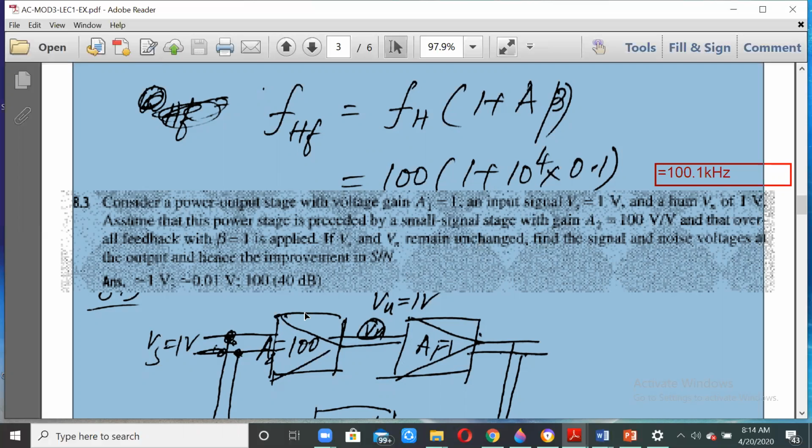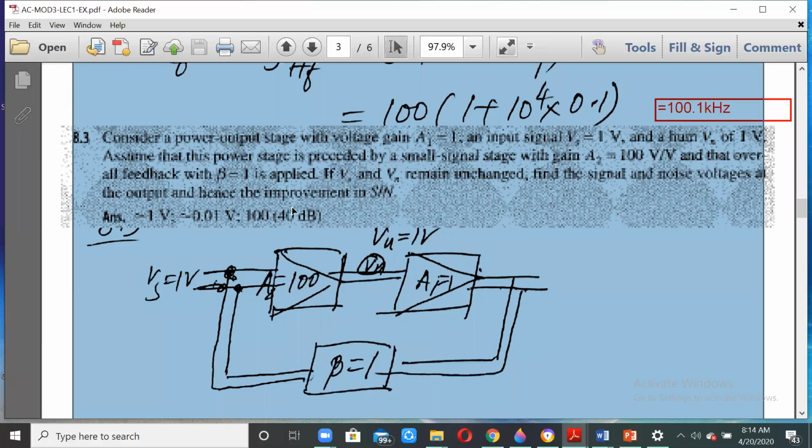You have a small signal amplifier, and this is the power amplifier which is having gain equal to 1, and this is the small signal amplifier which is having gain equal to 100. This is A2 and this is A1, and the overall feedback factor beta equal to 1 is applied. If the Vs and Vn remain unchanged, find the signal and noise voltage at the output, and hence the improvement in signal to noise ratio.